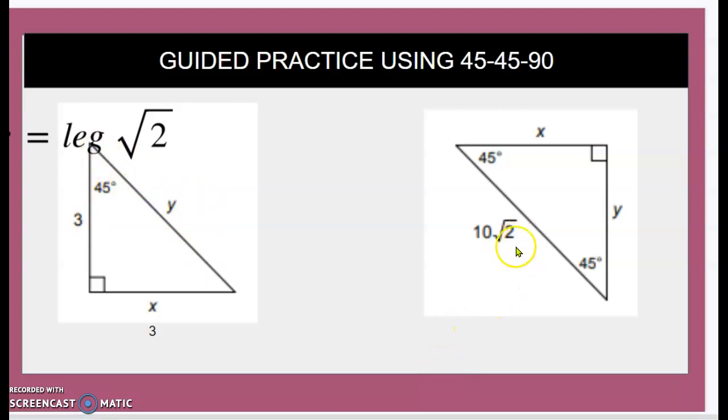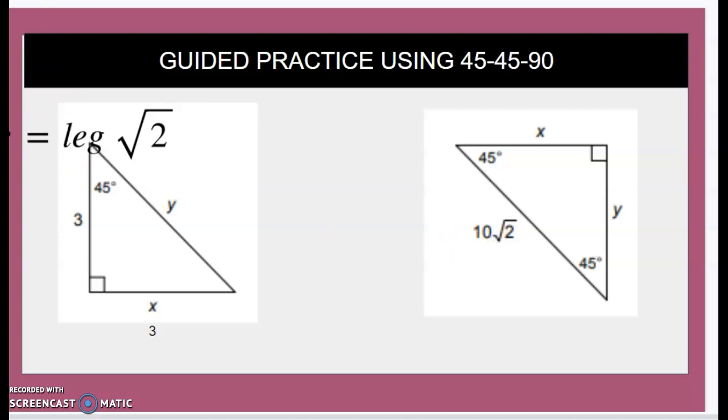All right, but what about this one? In this case, we're given the hypotenuse. So anytime you're given a leg, to get the hypotenuse, you multiply by the square root of 2. And when you're given the hypotenuse, you do the reverse. You divide by the square root of 2. Okay?